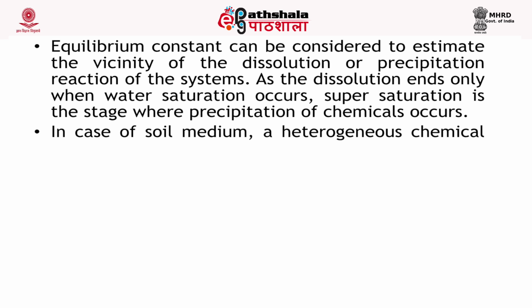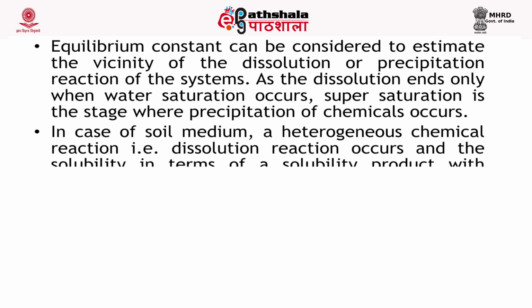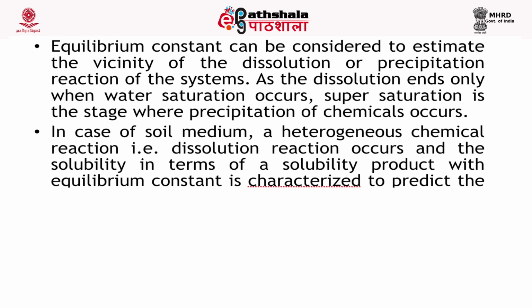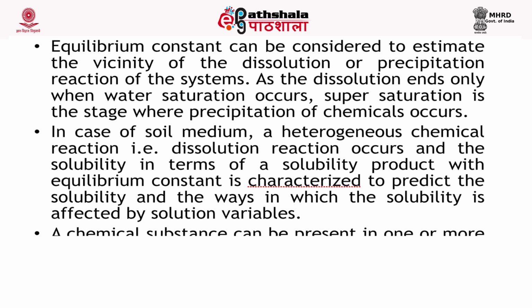In the case of soil medium, a heterogeneous chemical reaction, that is the dissolution reaction, occurs, and the solubility is characterized in terms of a solubility product with equilibrium constant to predict the solubility and the ways in which it is affected by the solution variables.